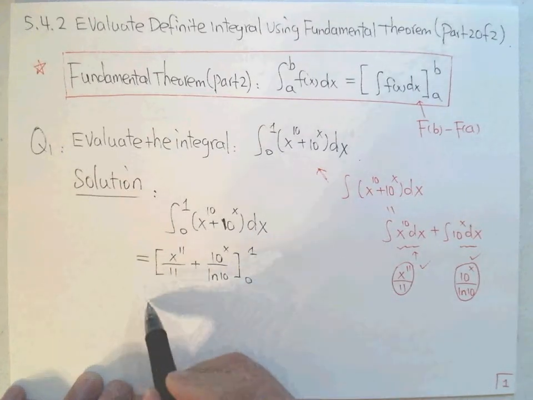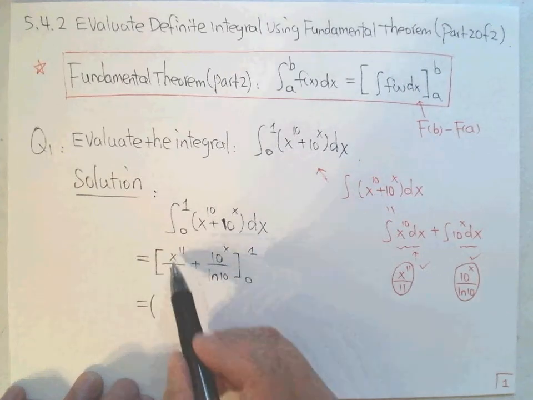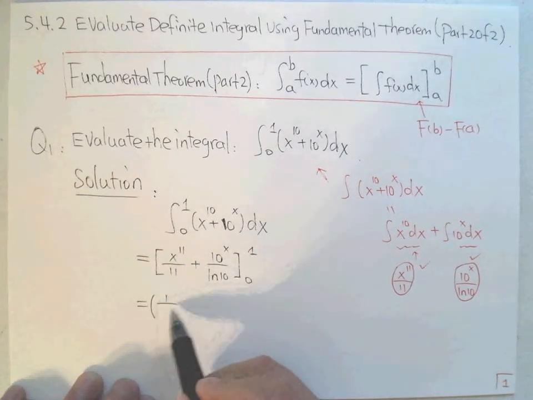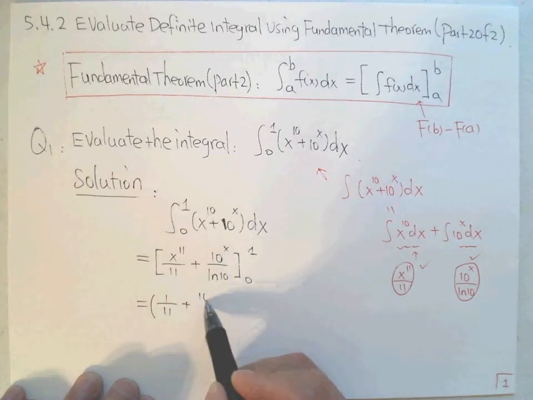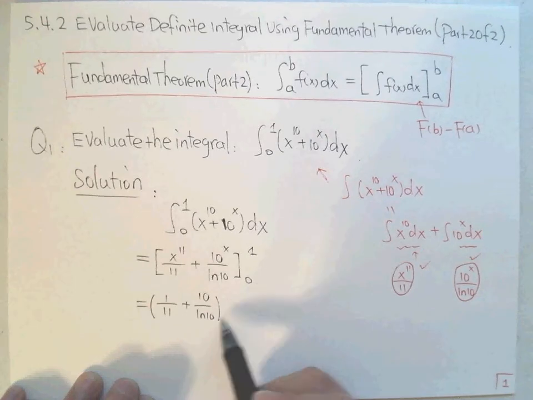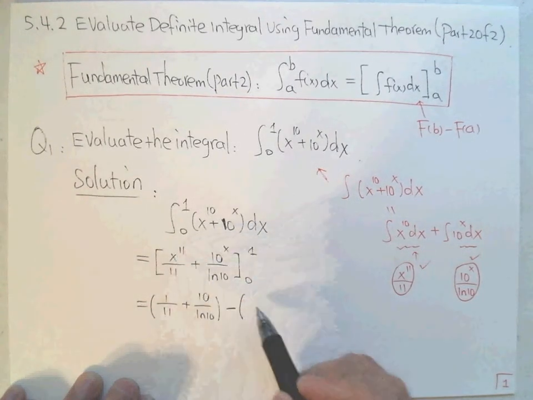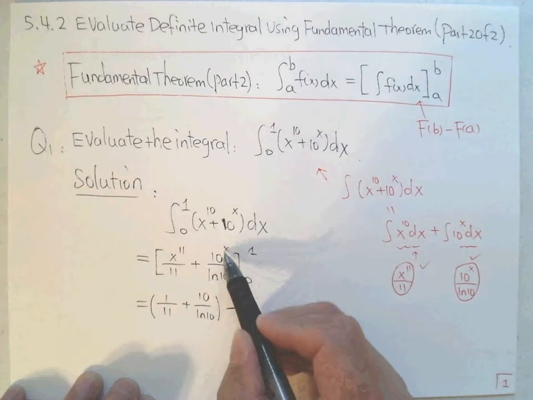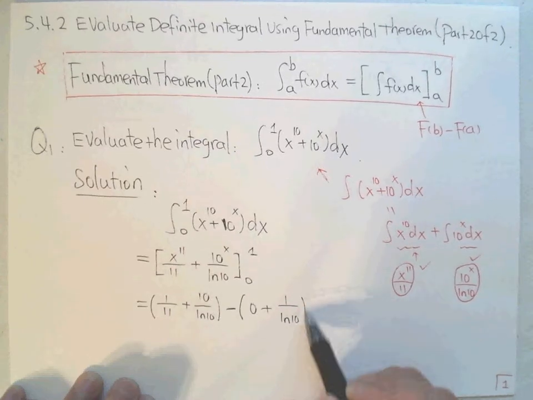Plugging in 1, the first is 1 over 11, plus 10 raised to the 1 is 10, over ln 10. Then minus, in parentheses, plugging in 0: the first is 0, and the second is 1 over ln 10.